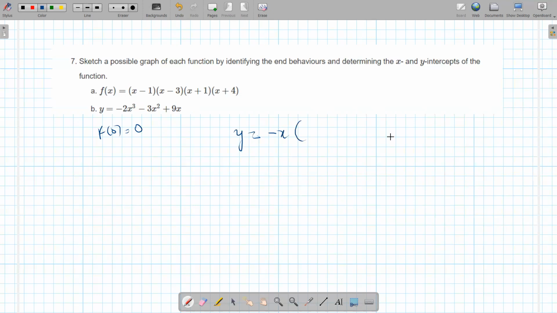What am I left with in the bracket? 2x squared plus 3x minus 9. Can you keep it as 2 brackets? Like if you were to do 2x minus 3 and then x plus 3?